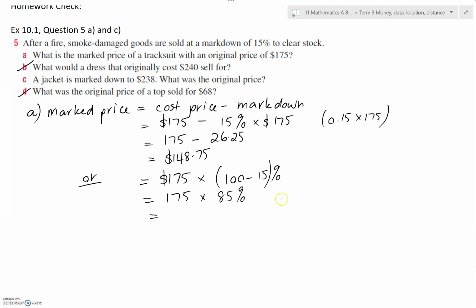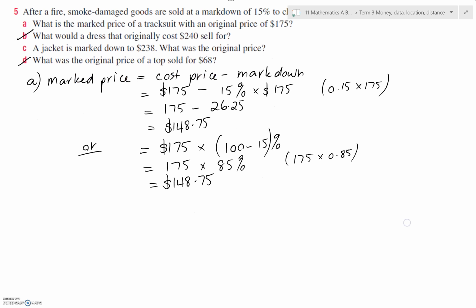So if you put 175 times 0.85 into your calculator, you would actually get the same amount. Okay, so it's not the same as working out 15% of 175. Anyway, you need to work through those things. So there's a couple of different ways you could do it.